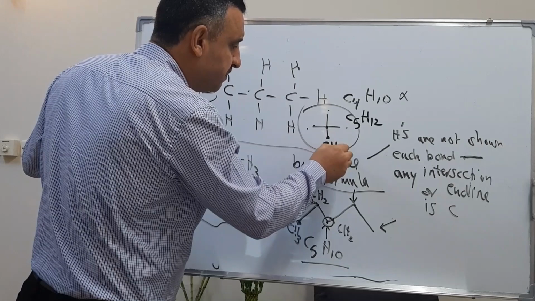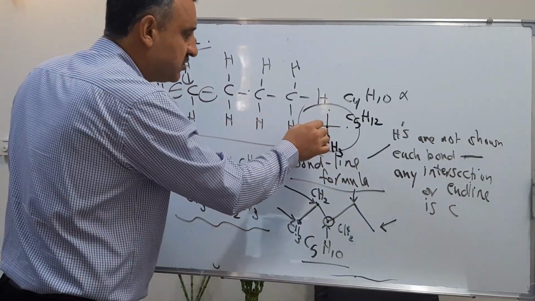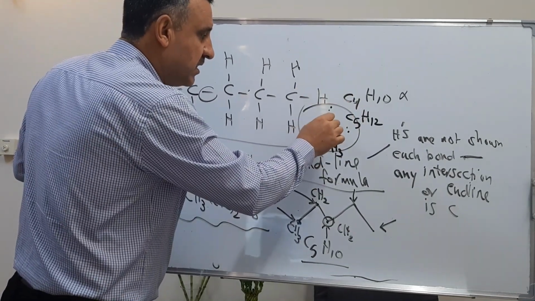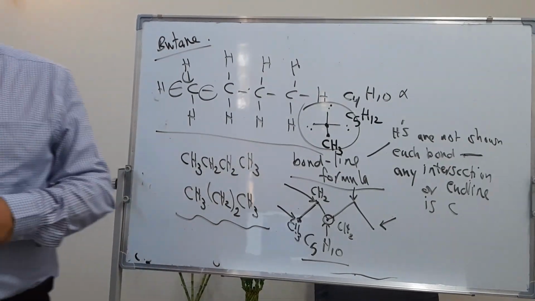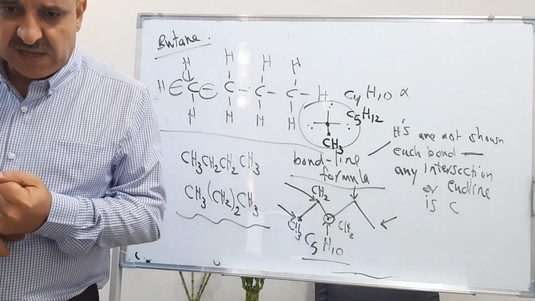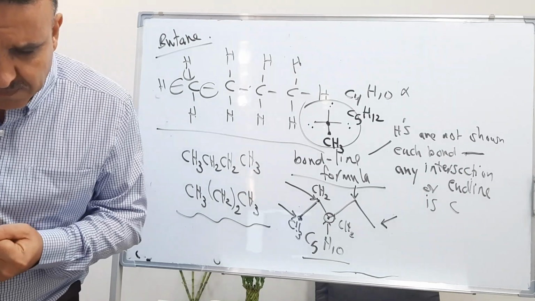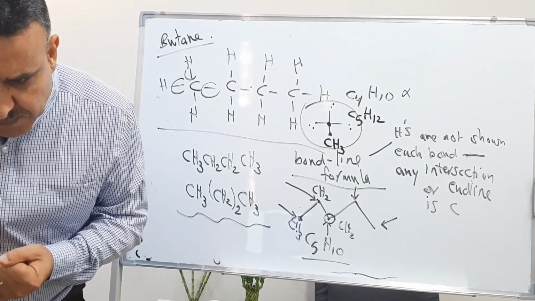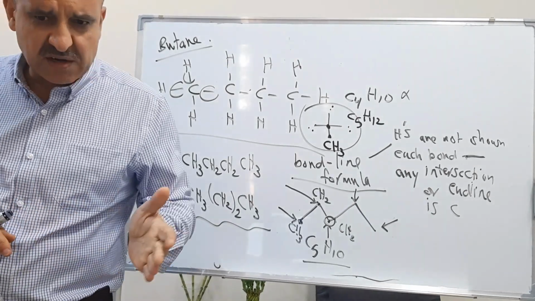That means this must be a CH3, isn't it? The same applies to this one, to this, and to that. And the one in the middle here is a carbon attached to 4 carbons. That means there are no hydrogens on it. Is that clear? Do you follow me? Yes, Jihad, it is C5H12, exactly. Any other question about it?